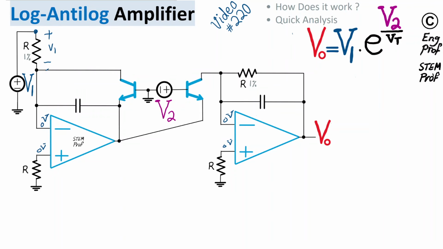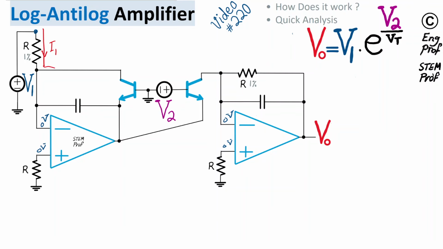So we can find the current that flows through the resistor R1. I'm going to show it with red color. So this is the current that is flowing through the resistor here, and that current is, say, I1. And that current cannot go through the input terminal of the op amp because it has practically infinite impedance.